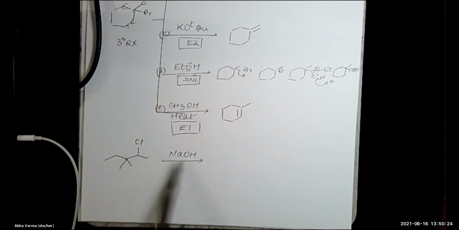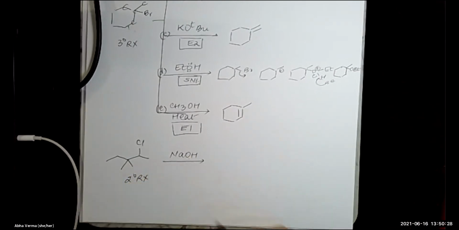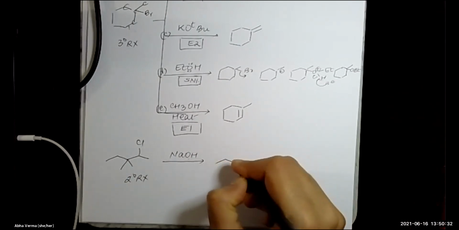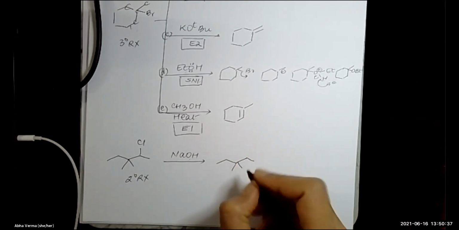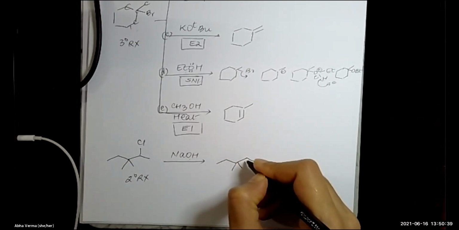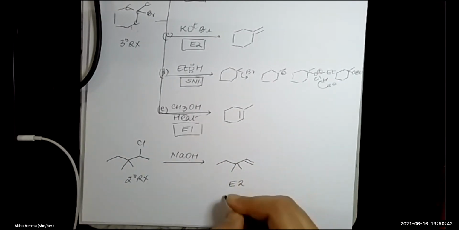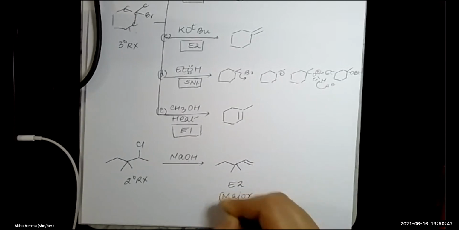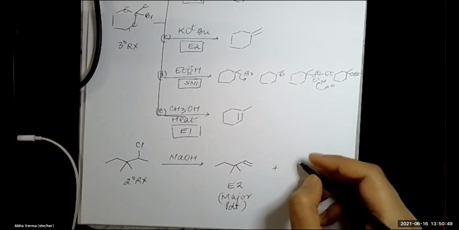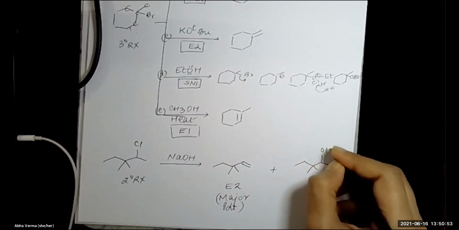What about the chemical reaction here? I have a secondary substrate. I have a strong base. And if you remember, yesterday, we looked at this setup. E2 will be your major product, and SN2 will be your minor product.